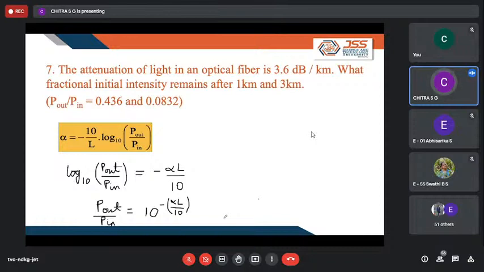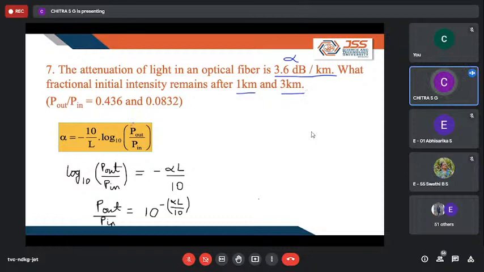So here we have to see what is given. The attenuation of light in an optical fiber, 3.6 decibel per kilometer, is nothing but your alpha, the attenuation coefficient. You have to find the fractional initial intensity, that is P out by P in, after 1 kilometer and after 3 kilometer.